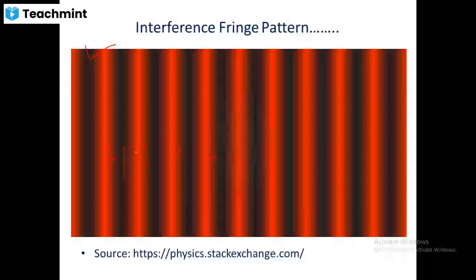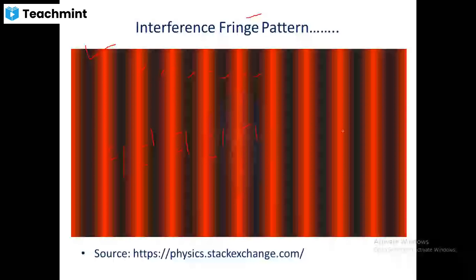Red, black, red, black means we have alternating fringe patterns. This is what is called a fringe pattern.